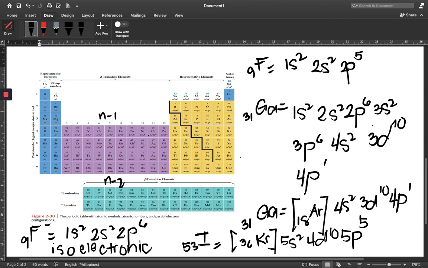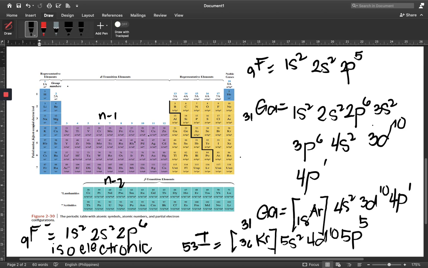For example, if Na loses its one valence electron, it will also have 10 electrons, or follow the configuration of neon. So therefore, F minus, Ne, and Na plus, sodium rather, are called an isoelectronic series.